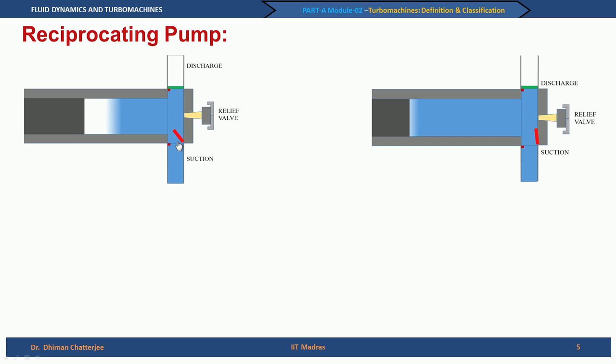Why is it opening? Because the piston has moved backward and there is a low pressure inside the cylinder, and hence the liquid enters from the suction side, lifts the valve open and enters the cylinder. This process is completed as shown in the right hand side image.